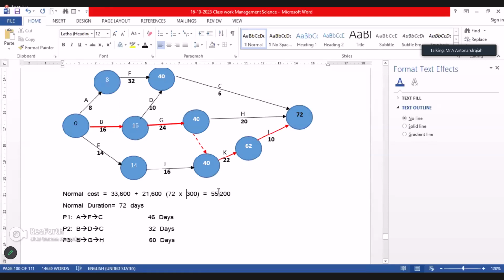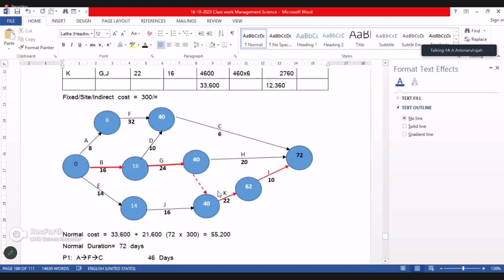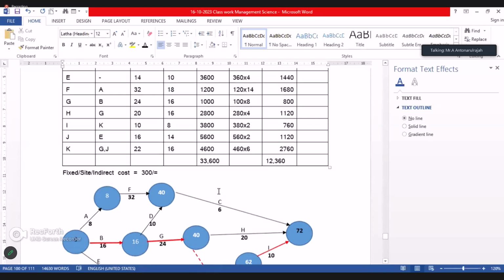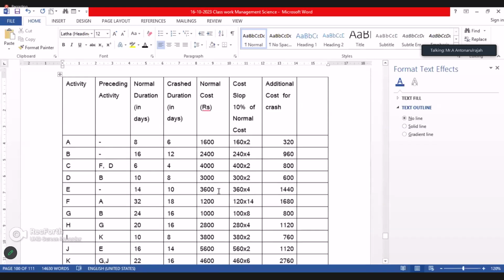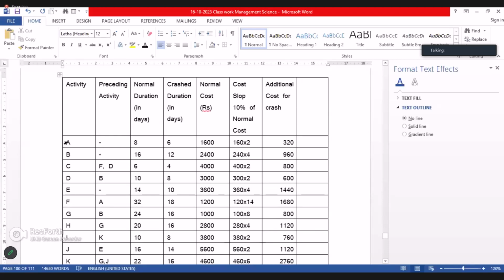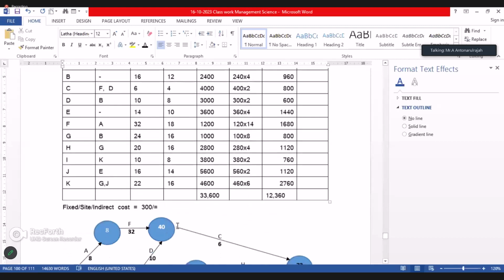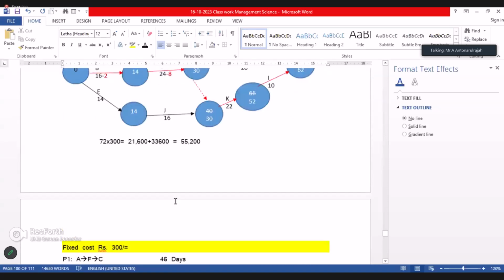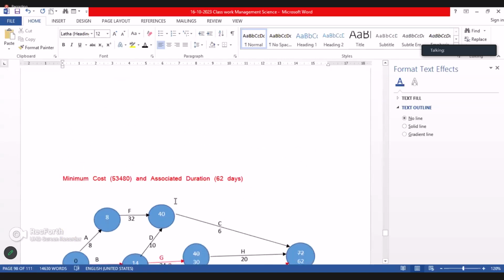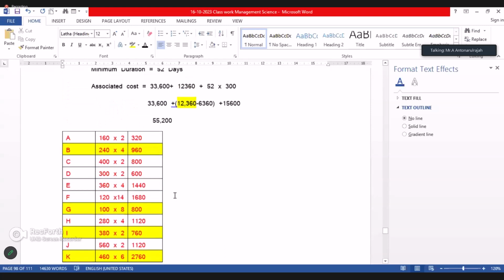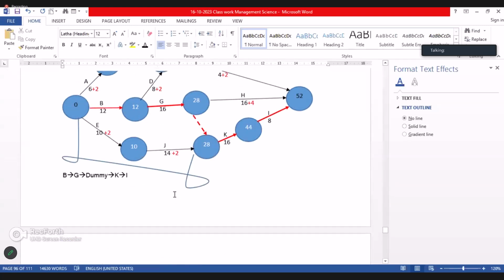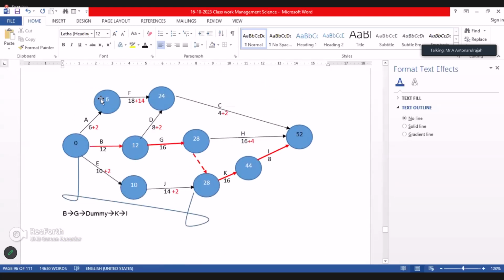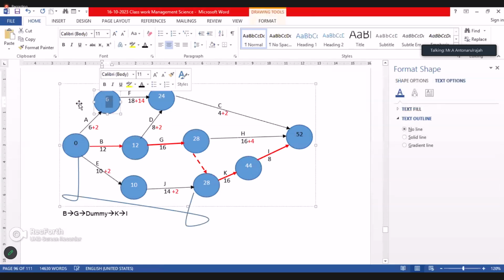With these done, now we are going to go to the crash durations. Crash durations, we know that 6, 12, 8, 10, right? So in the same network diagram, we have to change this.